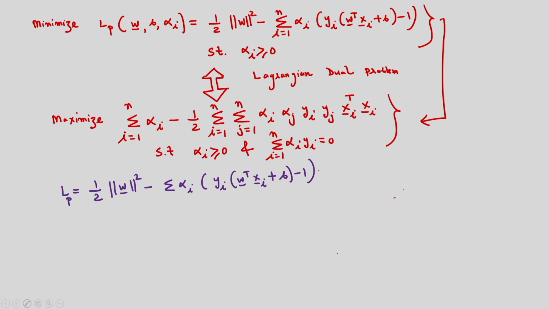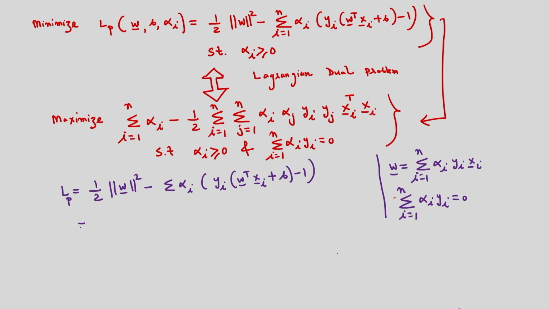We have this condition, and also we have derived the weight vector W is equal to summation i is equal to 1 to n alpha i y i x i, and also we have another condition, summation i is equal to 1 to n alpha i y i is equal to 0. We have these two conditions.